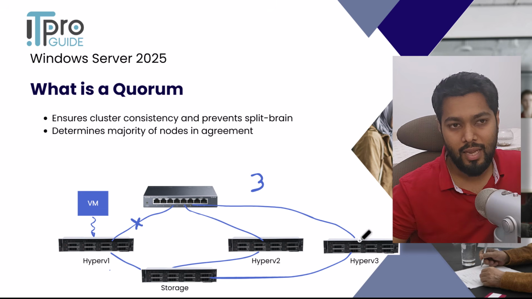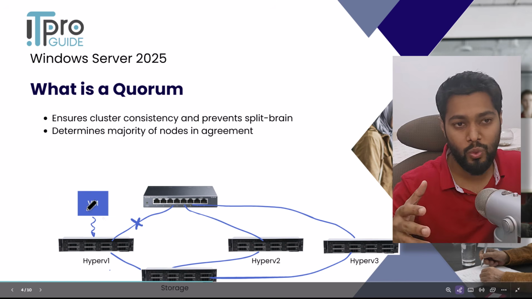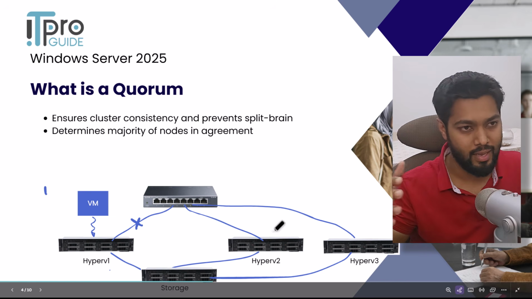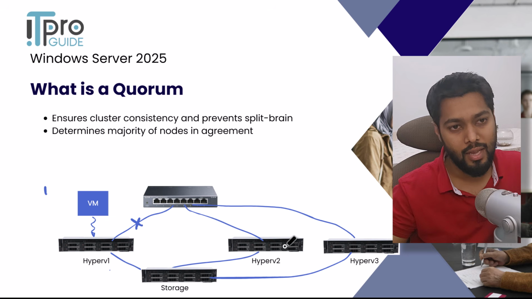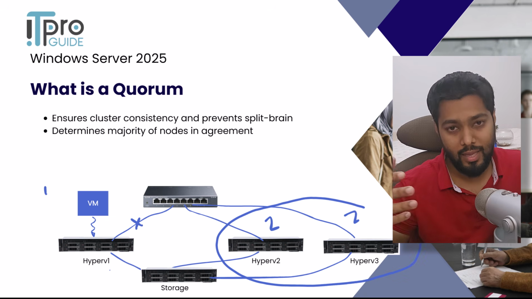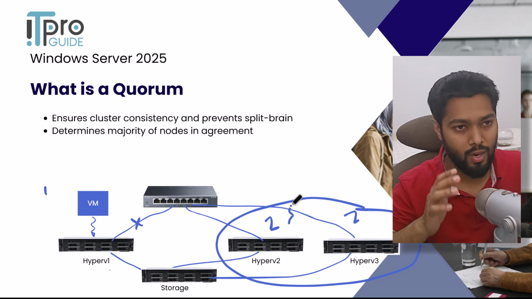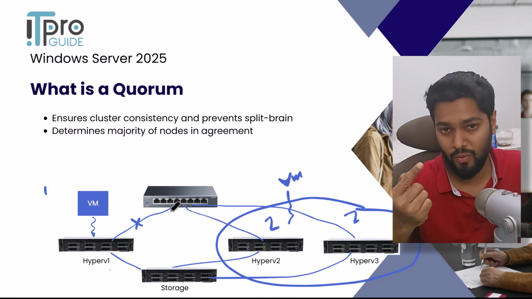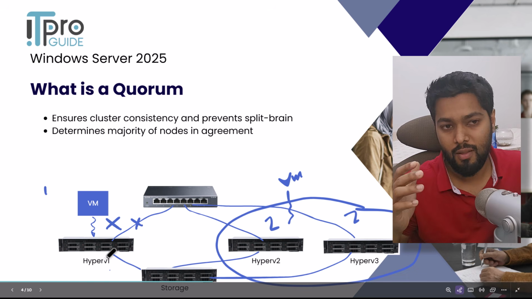So it counts as a single vote, right? On the other hand, you see Hyper-V2 and Hyper-V3. They can still communicate with each other. That is two votes. Since 2 is the majority, the cluster will stay online on that side, and Hyper-V1, being in the minority with one vote, won't try to run the virtual machine.